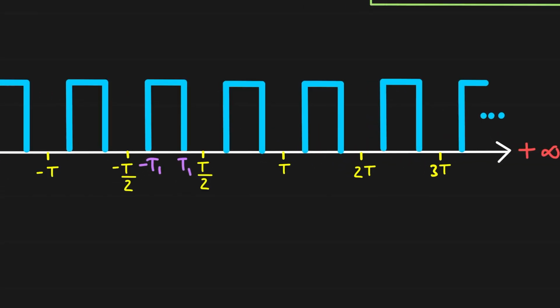Let's take a closer look to see that. One time period is from minus T by 2 to T by 2 and you can see it includes 4 t1s.